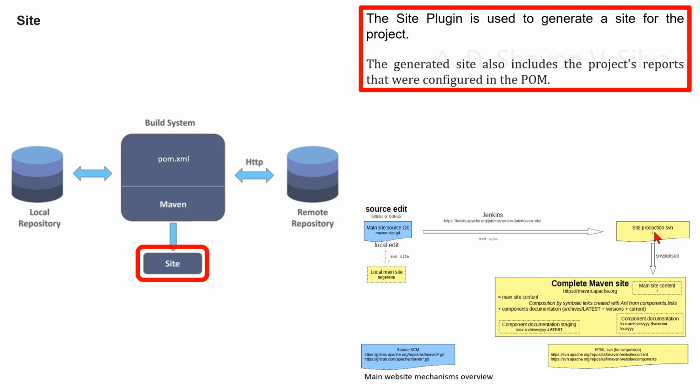And here site production svn is connected to complete Maven site. svnpubsub is passed from site production svn to complete Maven site, and this is https://maven.apache.org, and is equal to Maven site content.